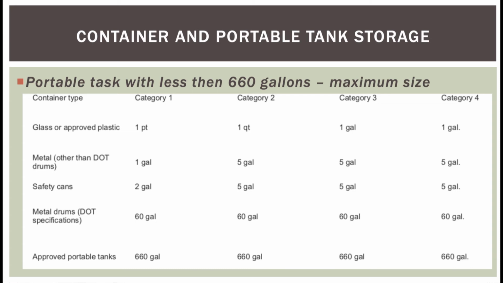So allowable containers based on classification of flammable liquid. You can see approved tanks, metal drums, safety cans, glass containers, and the different categories 1 through 4, 4 being the least volatile of all of the flammable liquids. And again, portable is less than 660 gallons.